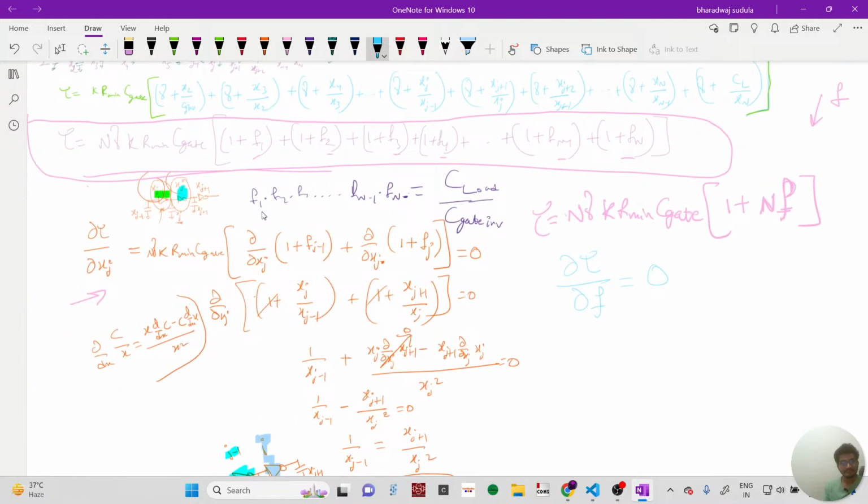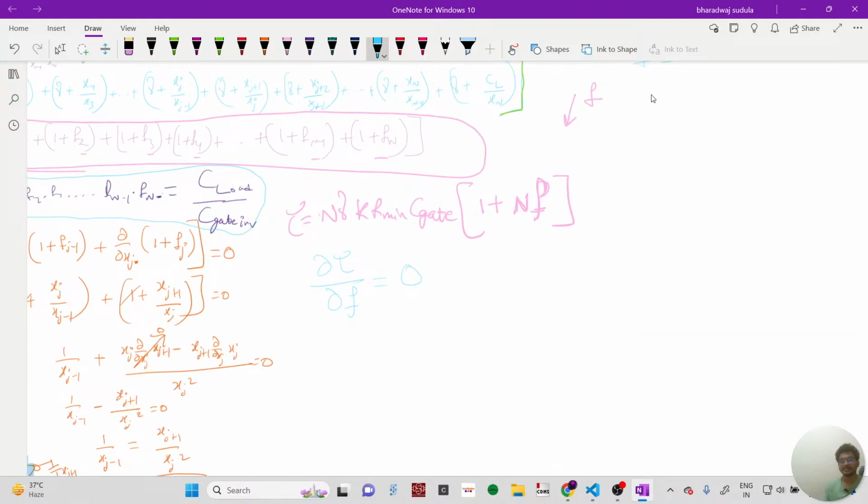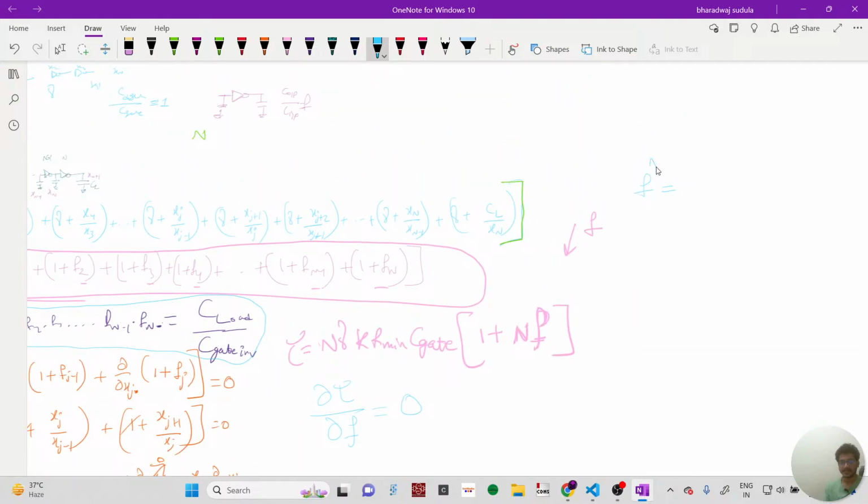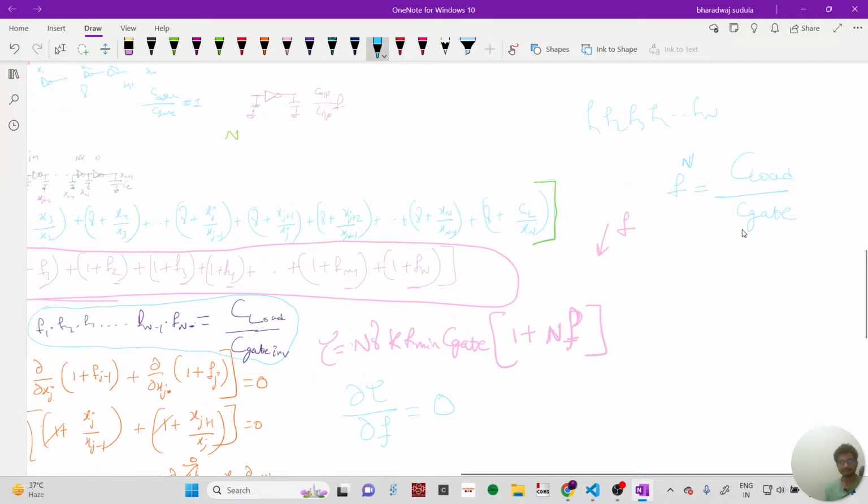If I consider this, every stage is multiplied and it is equal to the load cap of the output gate over the first gate's input capacitance, right? So I can write f power n, because f1 multiplied by f2, f3, f4 and so on, fn will be f power n. So load cap and gate cap, correct?